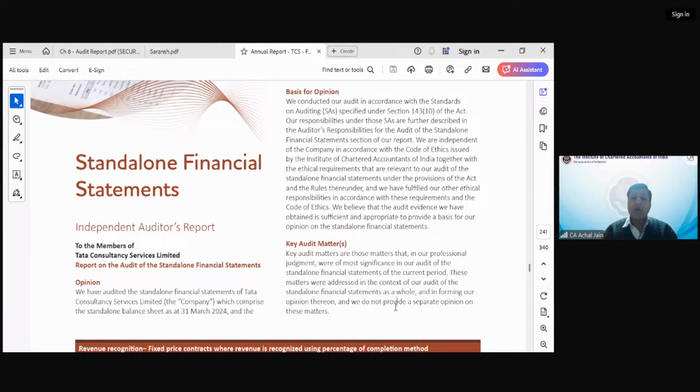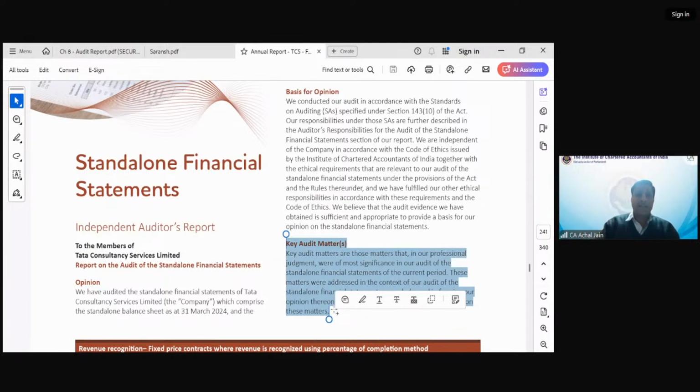And now comes the most important line. We do not provide a separate opinion on these matters. So the auditor is clarifying that our opinion, whatever it was, has already been provided in this section. When you read this CAM or these matters, please don't think that we are providing our opinion again or that there's a separate opinion on those matters. Understood?